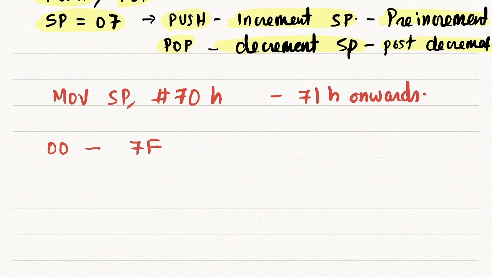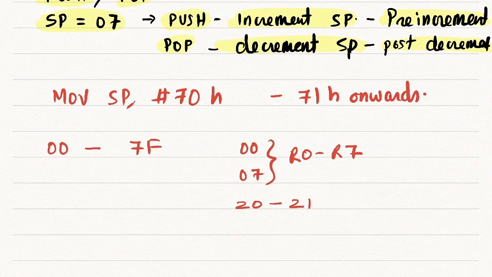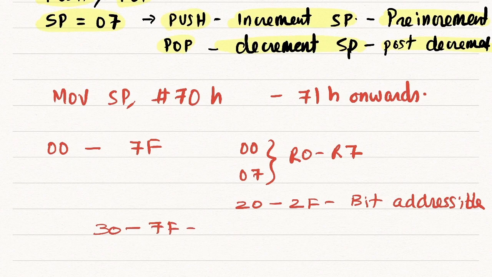In that internal memory, address locations 00 to 07 are for register bank zero, R0 to R7, and the bit address locations 20 to 2F are the bit addressable memory, and the address locations 30 onwards up to 7F are the general purpose memory.